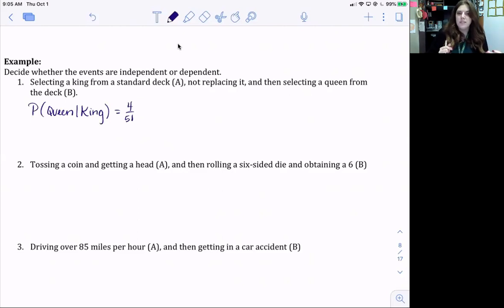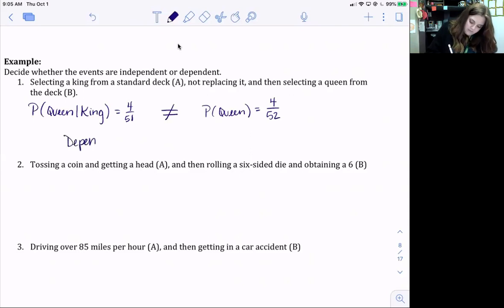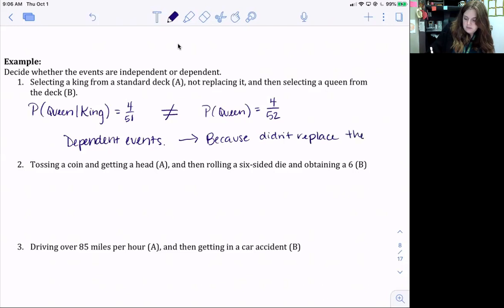If we don't replace the king, we're left with 51. Then the probability of just drawing a queen, given nothing else, would be 4 out of the total deck 52. Since these are not equal, it's dependent. And the key reason here is because we didn't replace the first card.